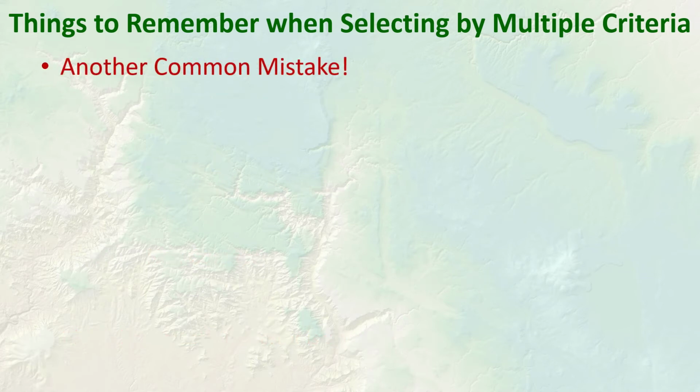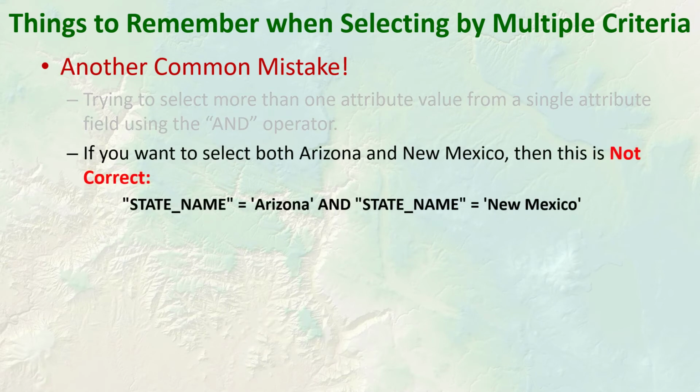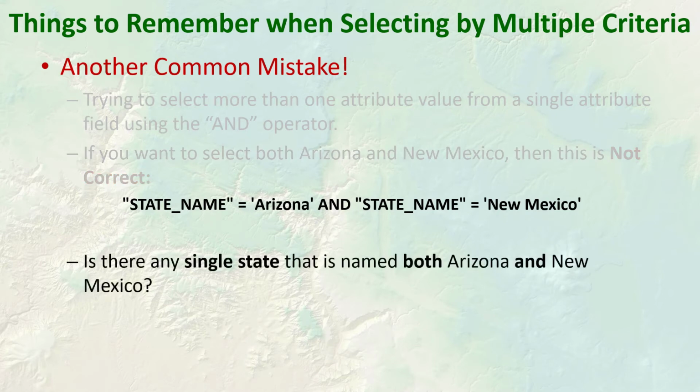Let's look at another mistake that won't raise an error. When you try to select more than one attribute value from a single attribute field and you use the AND operator. So, for example, if you want to select both Arizona and New Mexico, in human thought we would want to do state name equals Arizona and state name equals New Mexico. But this won't give you the result you want. Is there any single state that is named both Arizona and New Mexico?